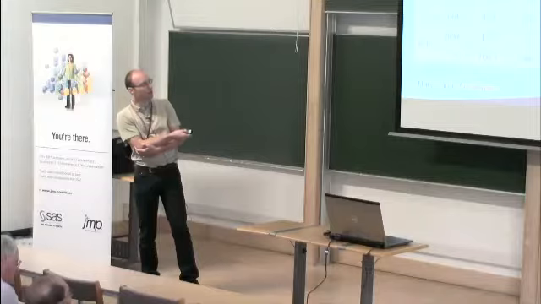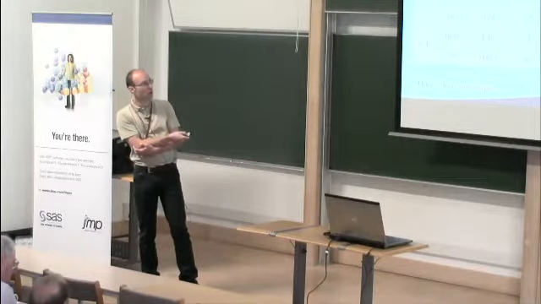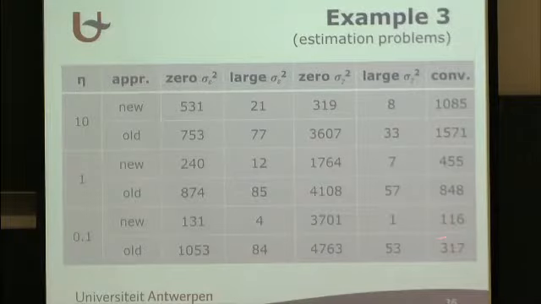And we've also kept track of convergence problems when estimating the variance components. And we can see that also in terms of convergence problems, the old design does worse than the new design.